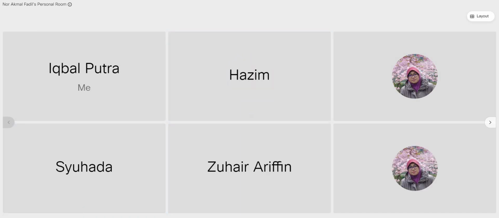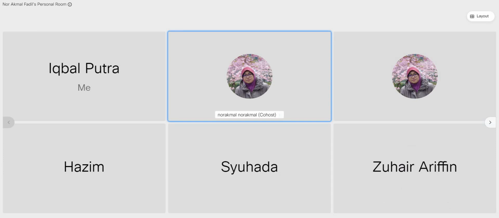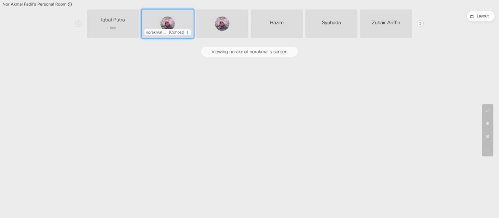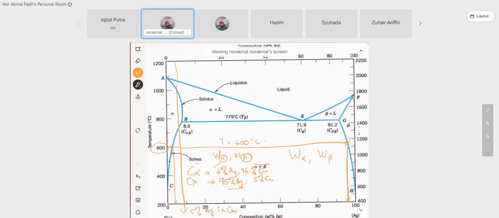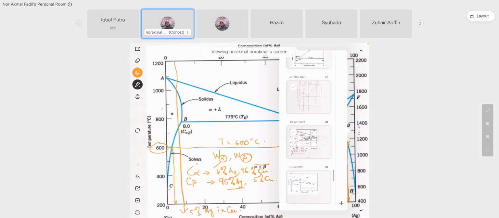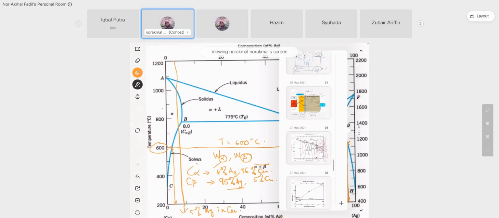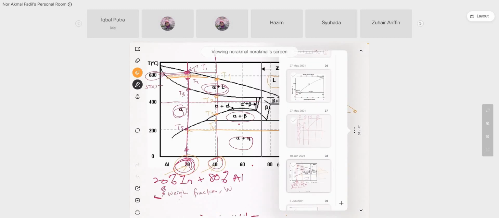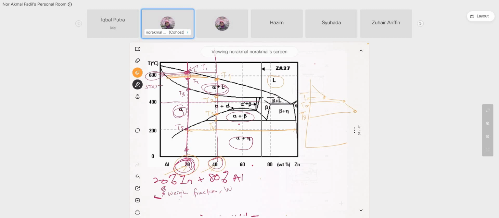For example, if you have a complex phase diagram, let's say this is your phase diagram.